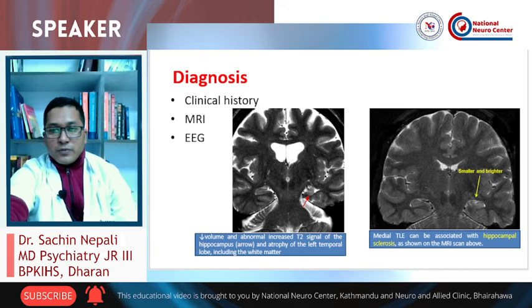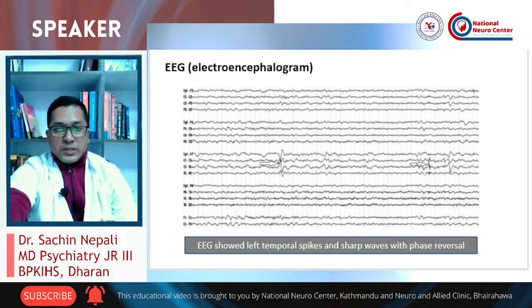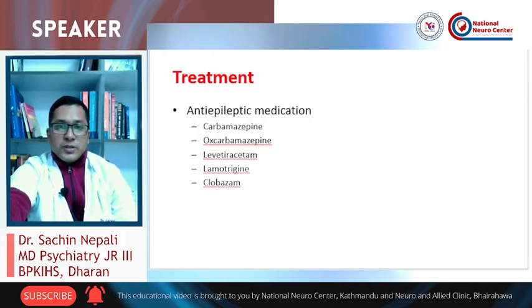In the first picture we can see hippocampal sclerosis, and in the second there are also differences in intensity between the right and left side of the medial temporal lobe. And on EEG we can see some spikes in this area, so we can also diagnose temporal lobe epilepsy with the EEG.